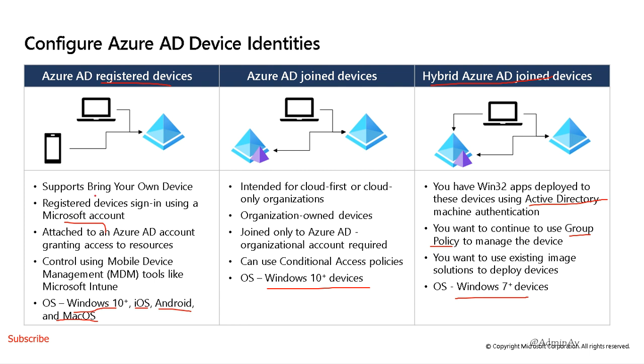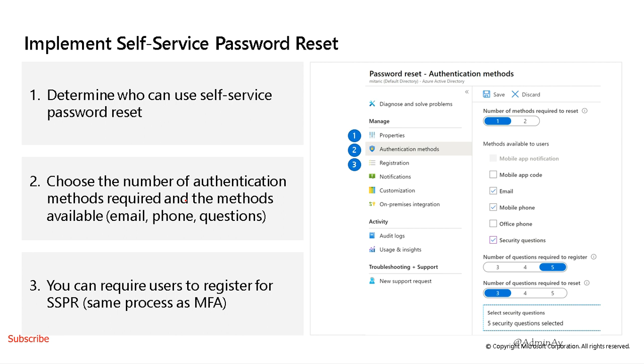Maybe they're using the bring your own device. Maybe they're working from home. It will be a problem to go ahead and help them reset their password. So in this situation, it's better if you allow the self-service password reset to allow each user reset his own particular password. So that is what the self-service password reset is all about.